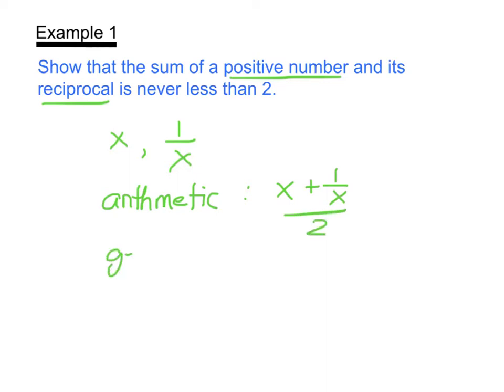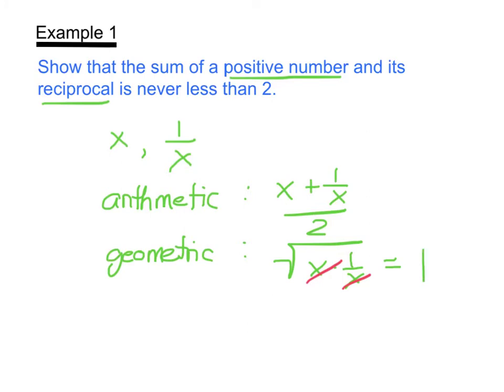And the geometric mean is the square root of the two numbers multiplied together. Hopefully you can see pretty quickly on the right-hand side for the geometric mean that this simplifies to the square root of 1, which we all know is 1.